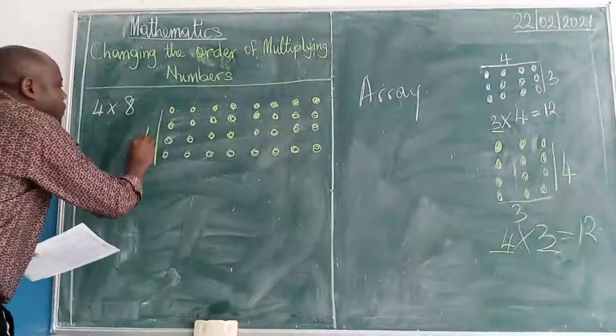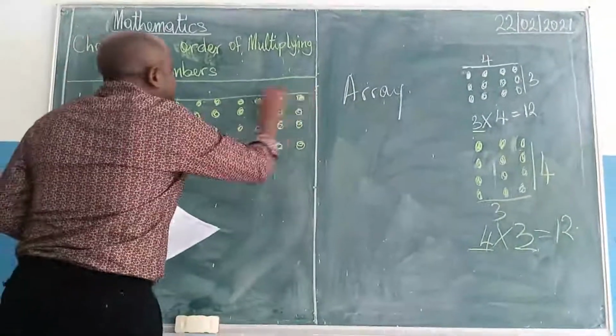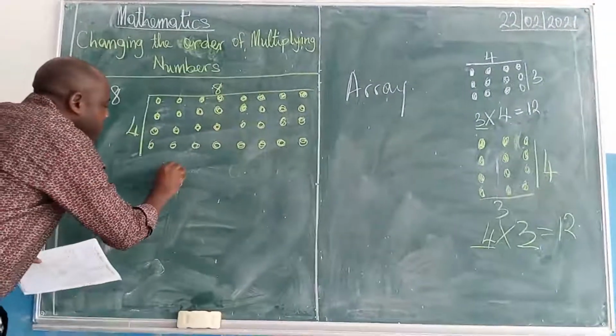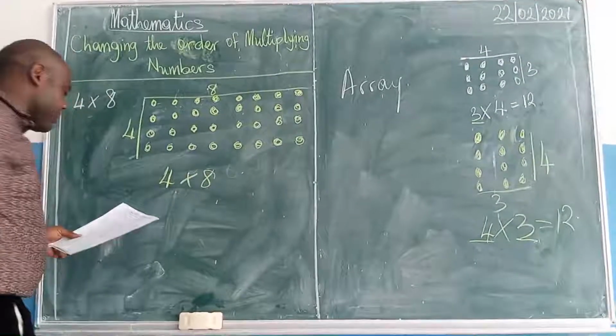So this will be 4 and this part is 8. This gives me 4 times 8.